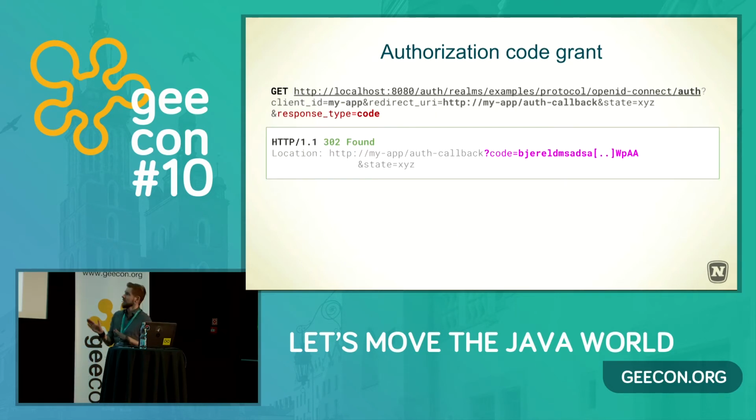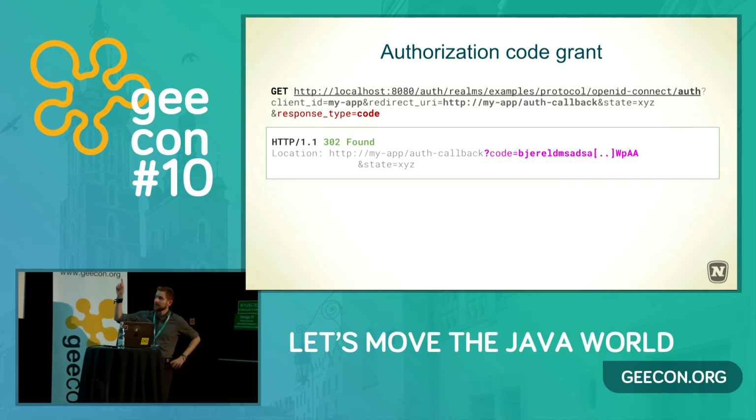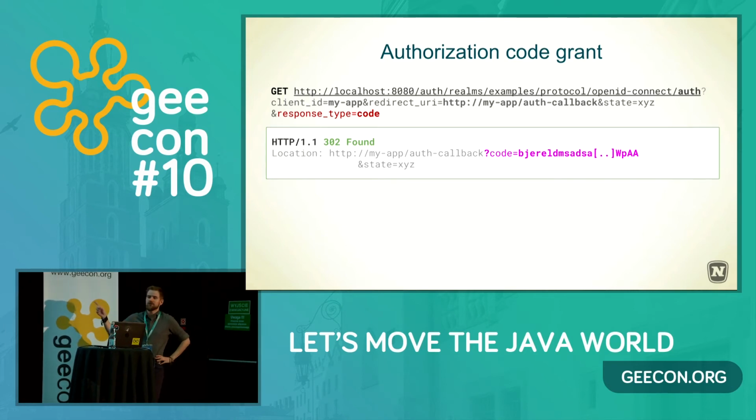So technically it looks like this. In the implicit flow, at the same endpoint, we asked for the response type called token. Now we're calling response type code, and we're going to be redirected to the auth callback with some code. This is not the access token. This is the code that the client should use as a proof that the user was authorized in the authorization server.